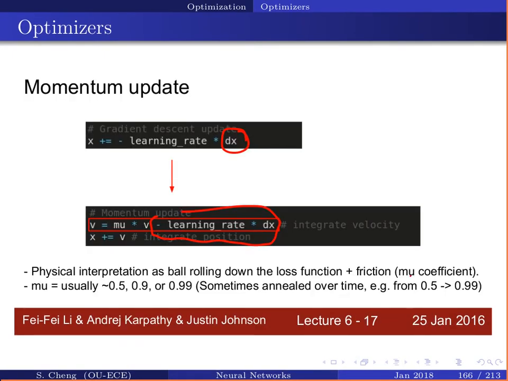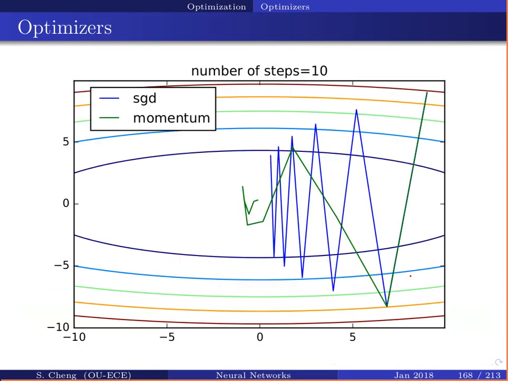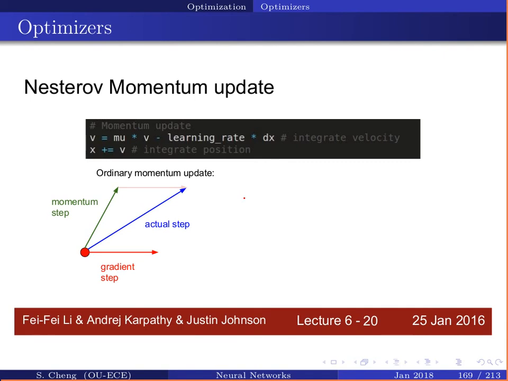And of course, if you have this kind of oscillation back and forth, with momentum this oscillation in this way and this way will get cancelled, so mostly you will only have this component left. So you go more smoothly in this direction. It's not too smooth, but still. So this is the next simple improvement from stochastic gradient descent.